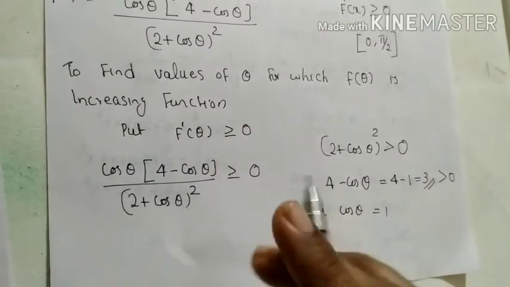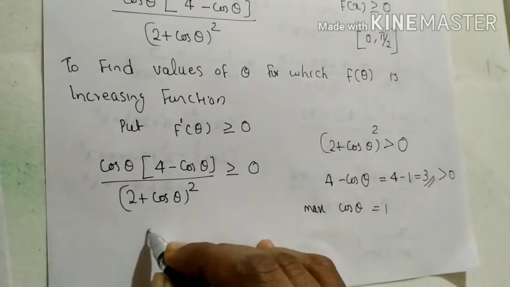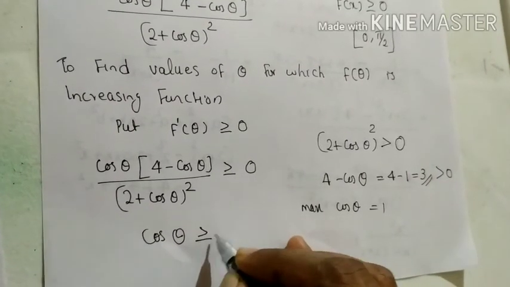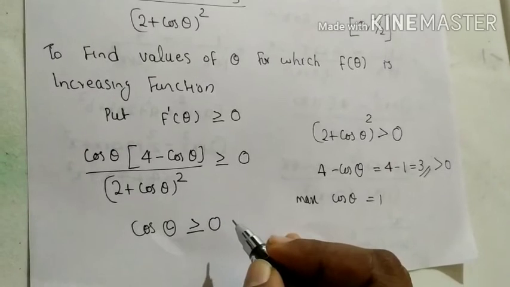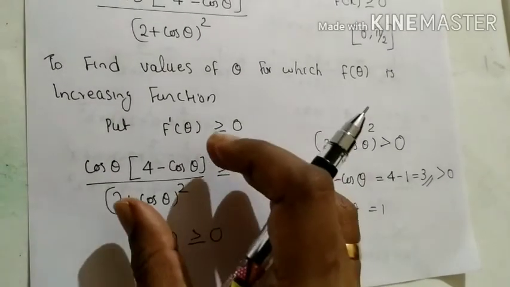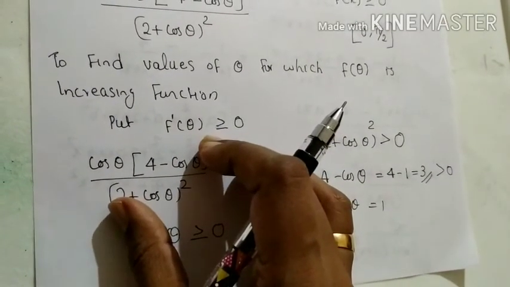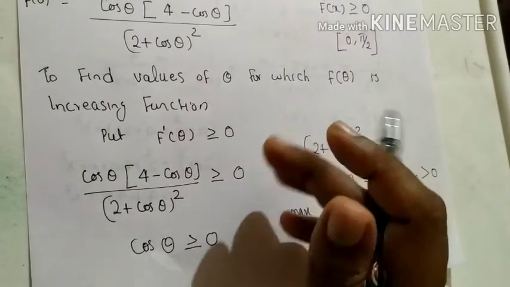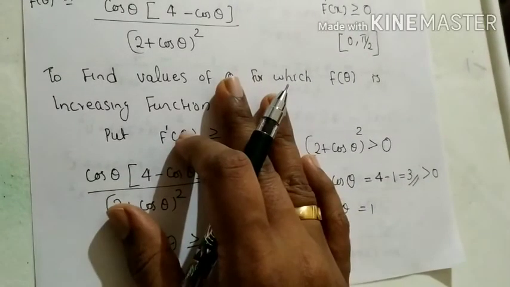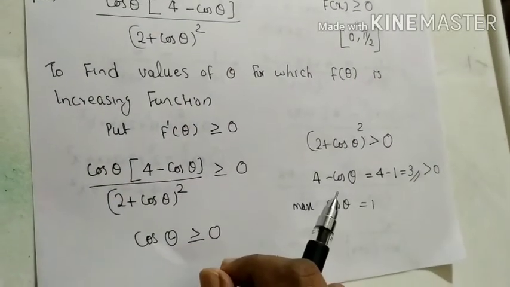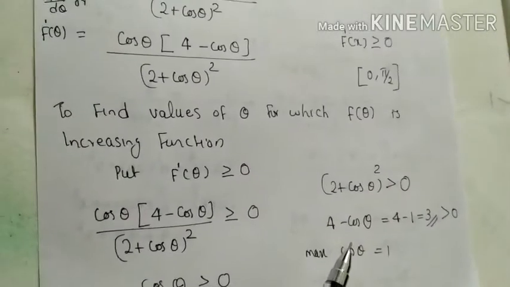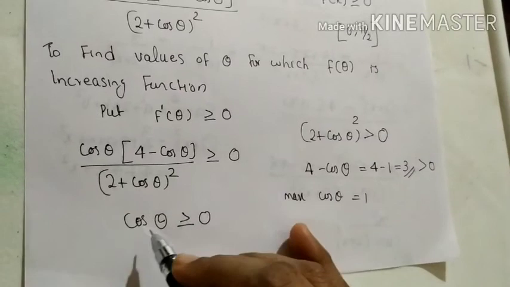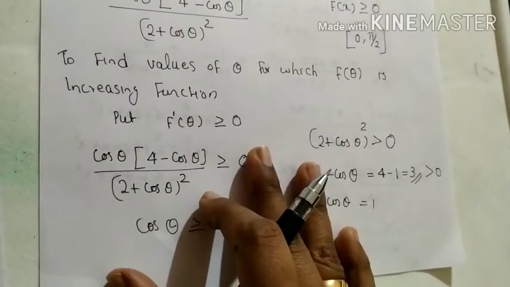So we can say that cos theta should be greater than or equal to 0 if the derivative of our function is to be greater than or equal to 0, that is, for our given function to be an increasing function.